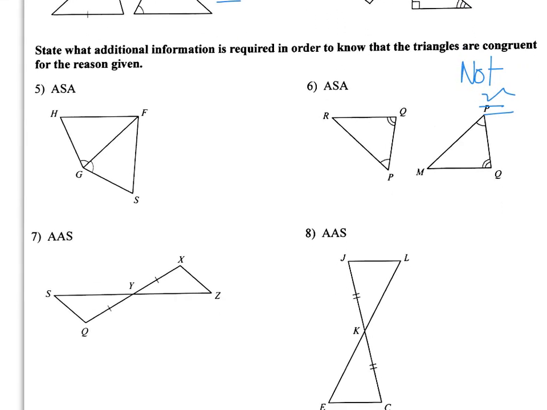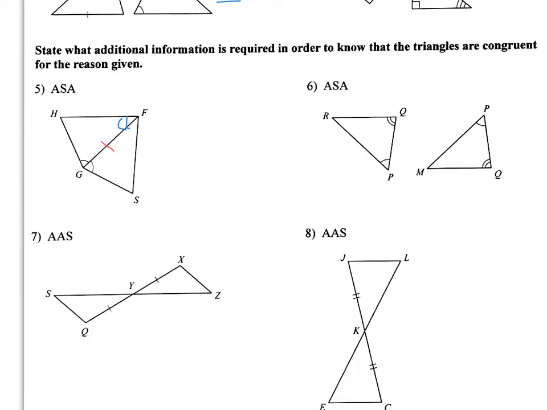Okay, the next ones, we have to state what other information we need in order to make them congruent by the given method. So we have ASA, angle, side, angle. Remember, we have to mark what we know even if it's not in the picture. Well, they share this side, so it's congruent. So I have angle, side. What I need is another angle. So I need to mark this up here.